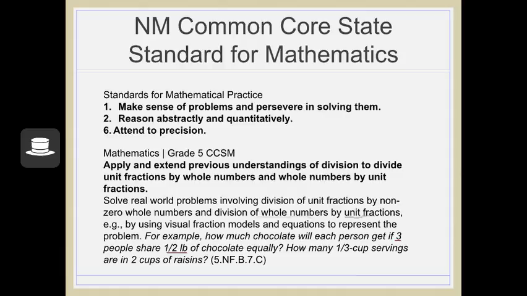In the second example, we'll talk about dividing a whole number, 2 cups of raisins, by 1/3 cup, a fraction. And then finally, in another example, we will show dividing a whole number of cups of milk by a non-unit fraction, 3/4, and see what that brings up.